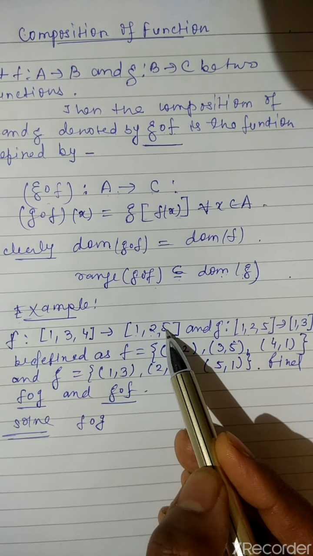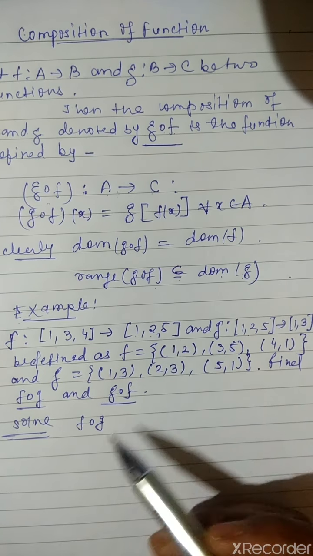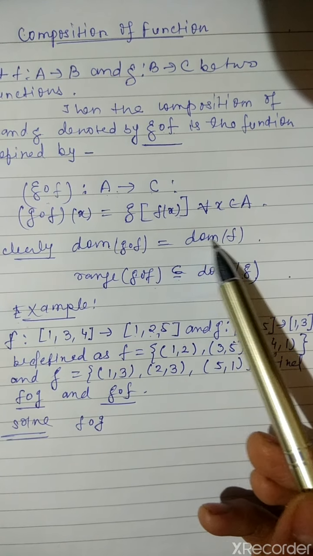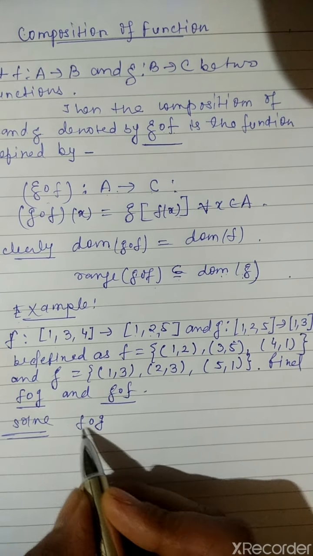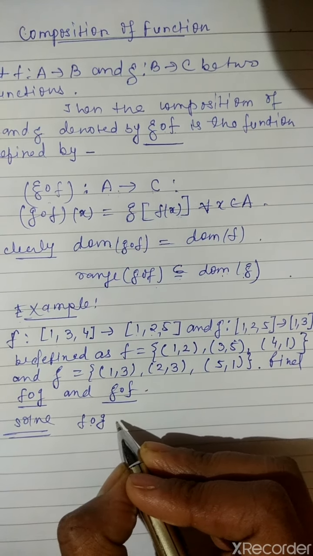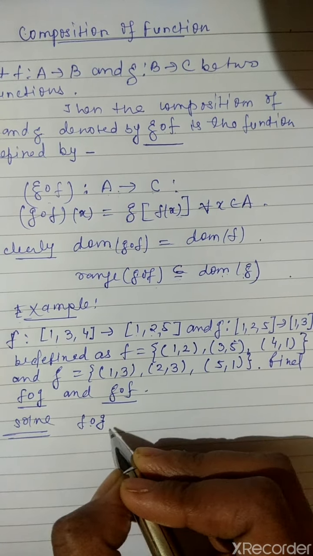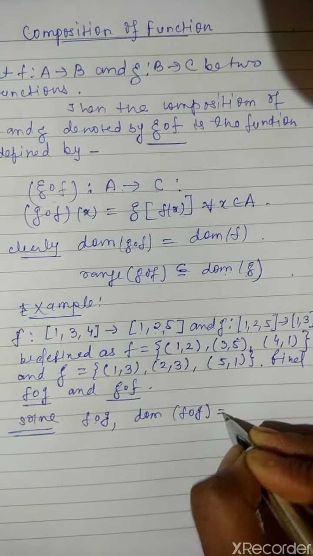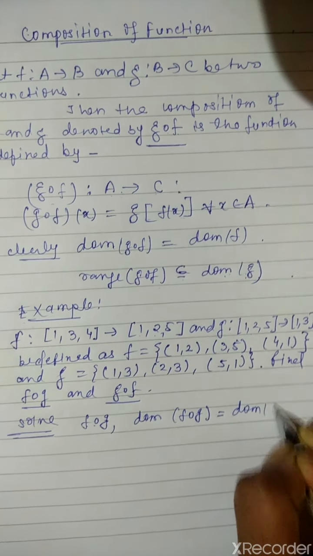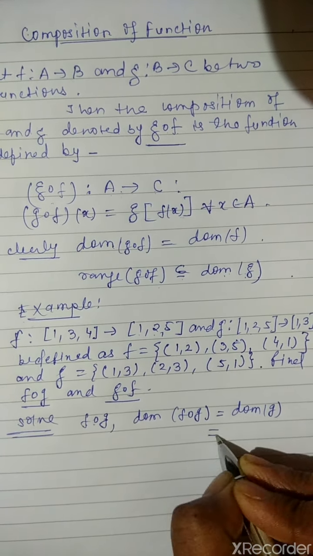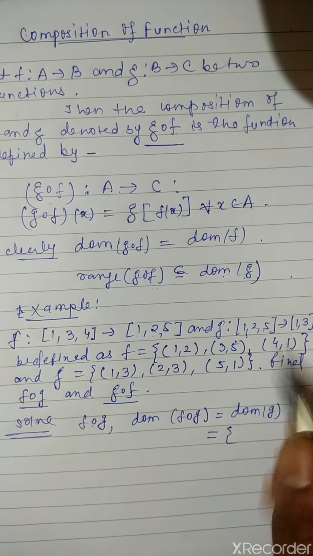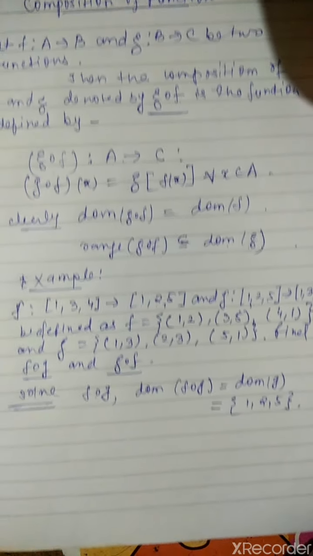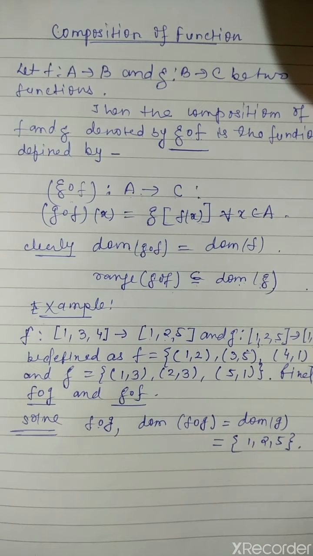Why 1, 2 and 5? Because the domain of G naught F is the domain of F, so the domain of F naught G is the domain of G, and the domain of G is 1, 2, 5. Is it clear? Okay.